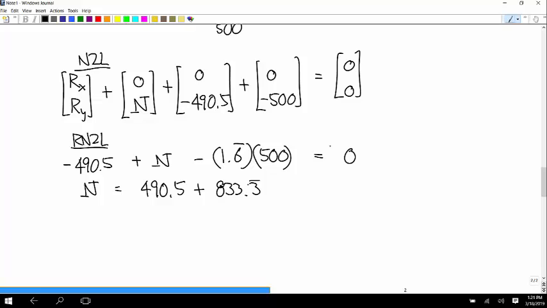And what do you get if you add those up? Yeah, the 3 is repeating. Okay, and then we have N, and R has a 0 x component, and plug this value in for N, and what do you get for Ry?